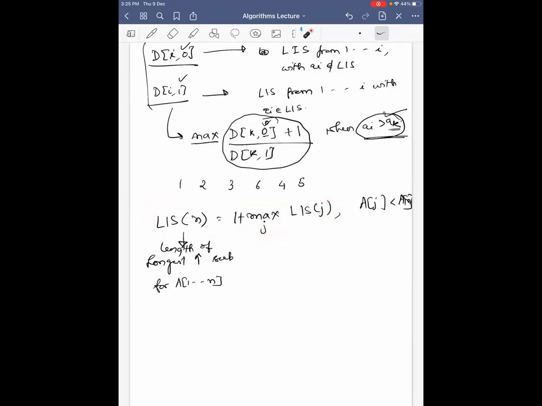Makes sense. What about the rest? Is it clear to everyone? Yes, sir. Okay. So if this is clear to everyone, then how will you implement it?